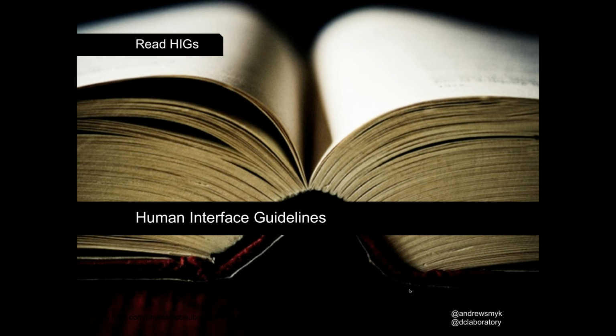So what I recommend for everyone is you have to read HIGs. HIGs is one of those terminologies that you're going to have to get accustomed to hearing and reading up on as new versions of OSs come out and new platforms come out. So HIGs are your human interface guidelines. There's one for Apple. There's also one for Android.